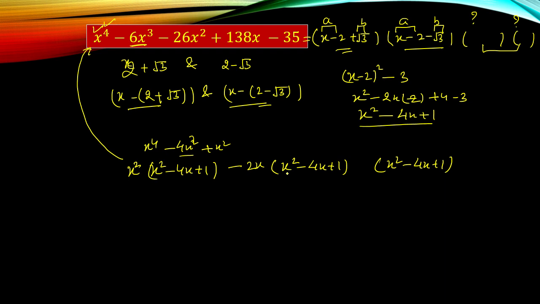Minus 2x multiplied to x square, so we are getting here minus 2x cube. So minus 4x cube minus 2x cube, that is minus 6x cube. Our task is completed now. So for this task, we have multiplied here by minus 2x, and we got minus 2x cube. Our second task is completed.